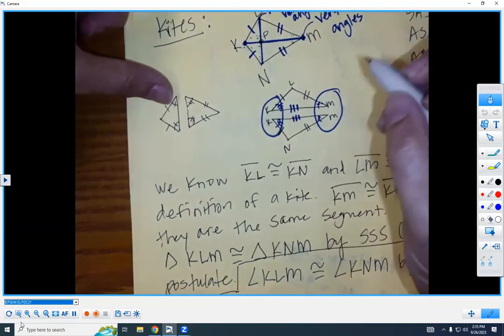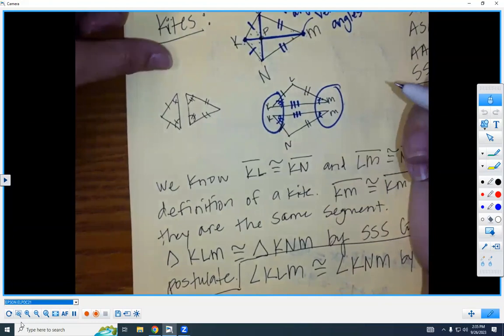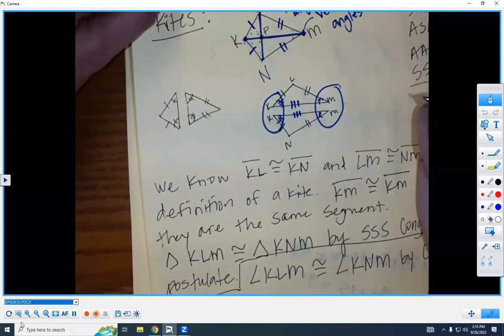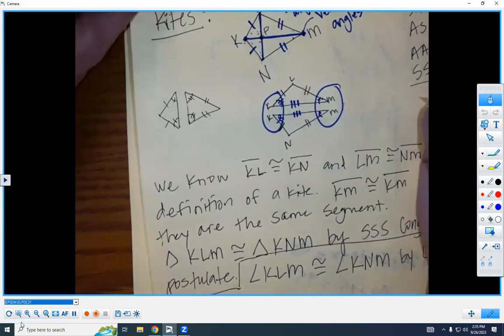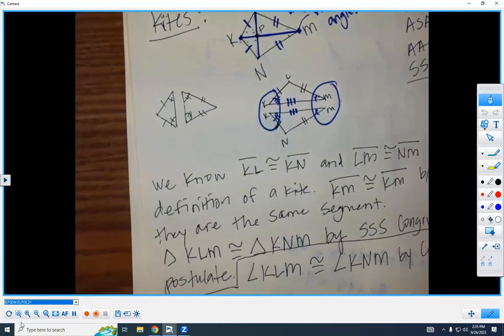So in order for them to bisect and for both triangles to be isosceles, wouldn't that mean they have to be perpendicular? I feel like the answer to that is probably true. But we don't have a statement to say that.